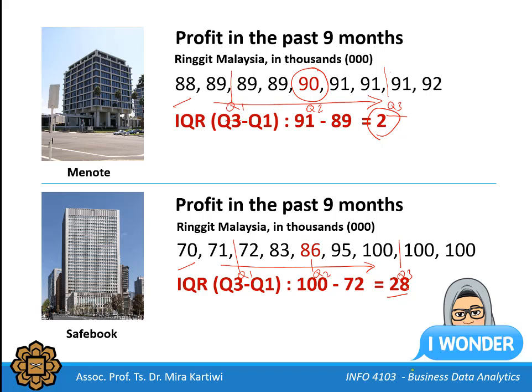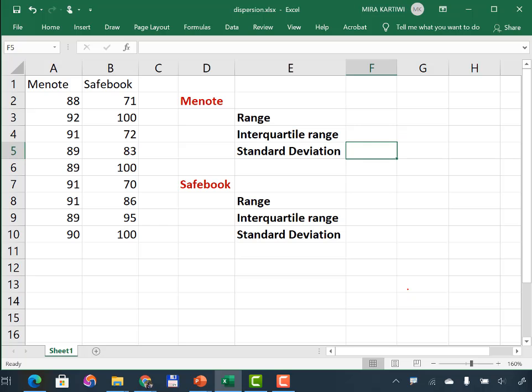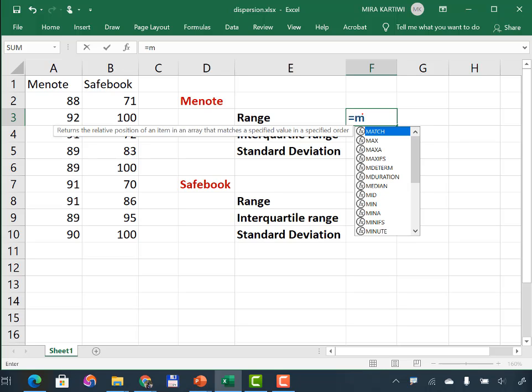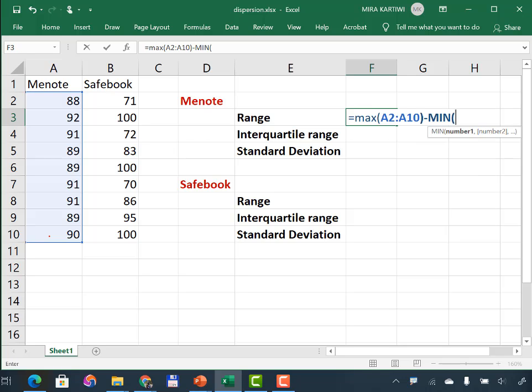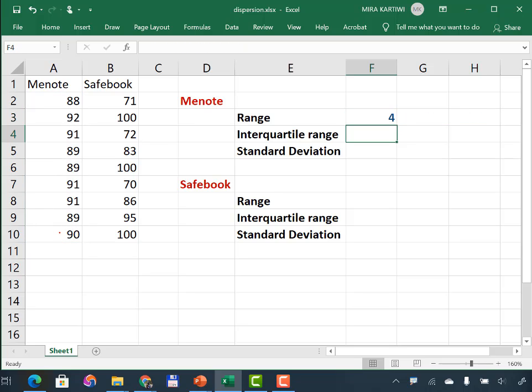Let's have a look at how we can do this in Excel. So I have listed all the profit for the past 9 months in each column. Let's implement the range first. The range is basically the maximum value of the range here, very simple, minus the minimum value of the range here. Okay, so we can get 4.